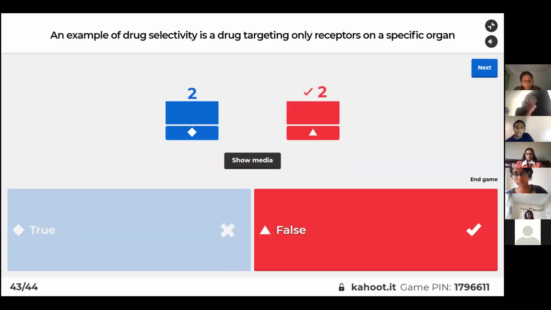Targeting receptors on a specific organ is actually specificity, and selectivity is when they're targeting receptors wherever they're found in the body. Next question. In fact, the last question is next.